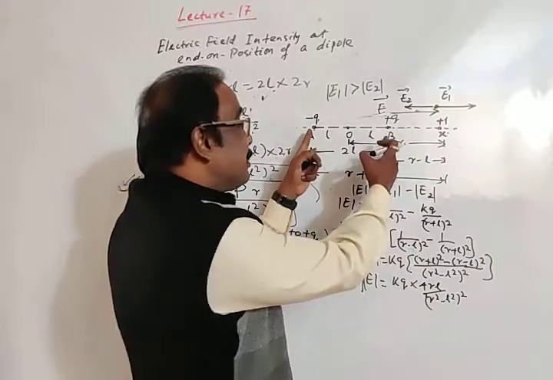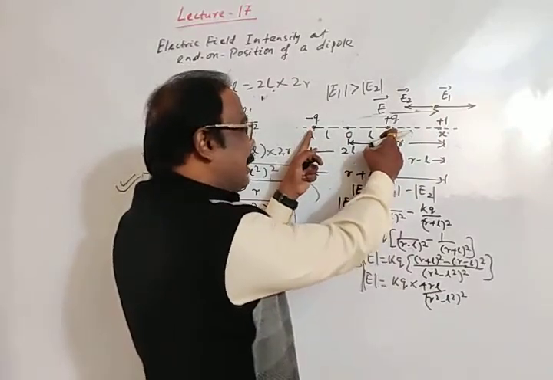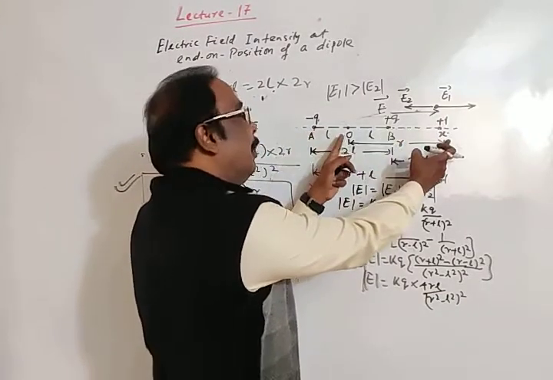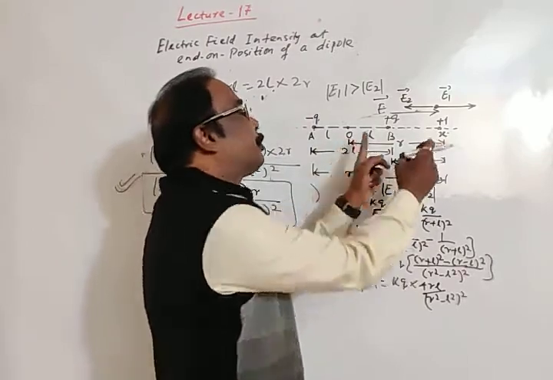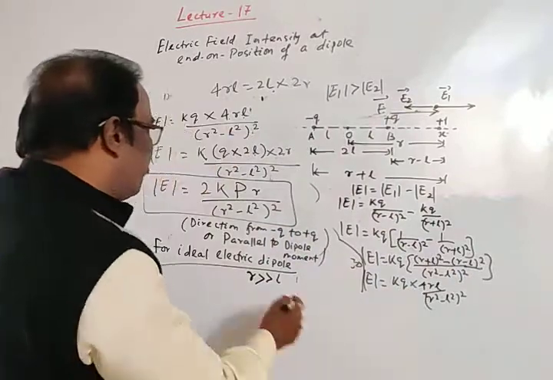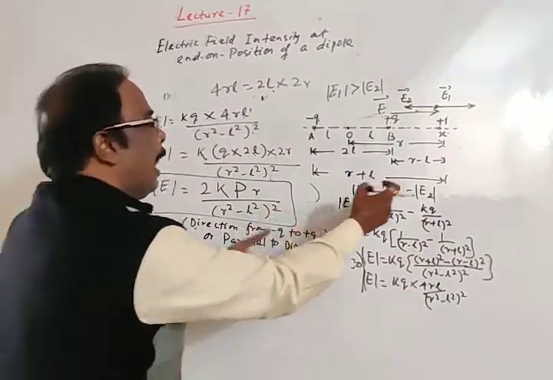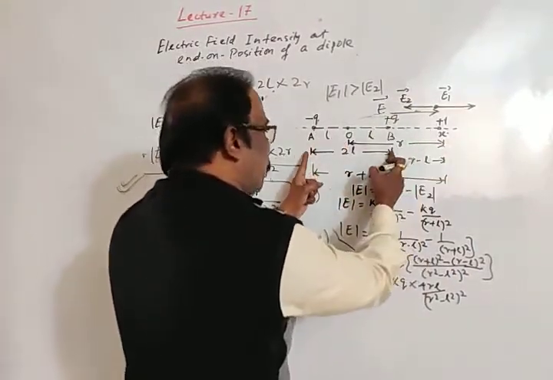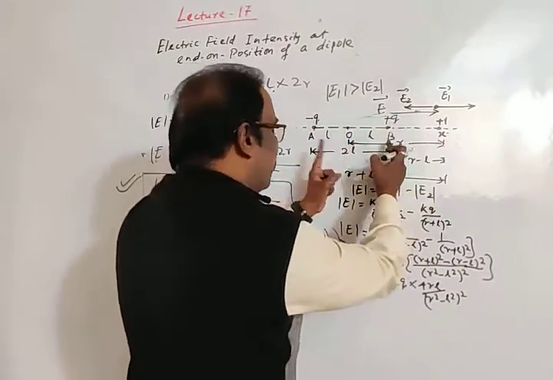So for an ideal electric dipole, R is greater than 2L or R is greater than L.